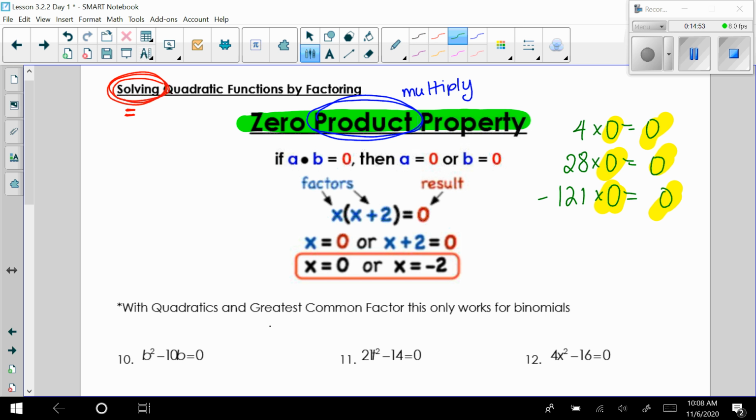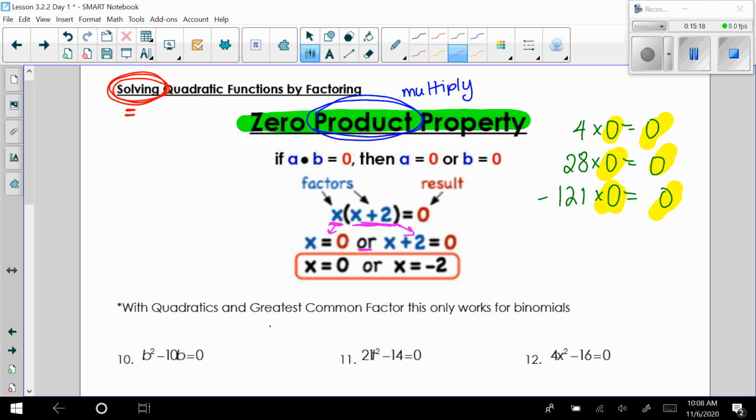So the same rule will apply when we multiply factors together, right? We'd multiply this factor times this factor. If it equals 0, that means this either has to equal 0 or this has to equal 0. And then you would solve each of those little equations to get your two answers.